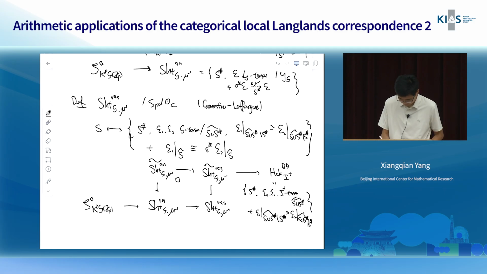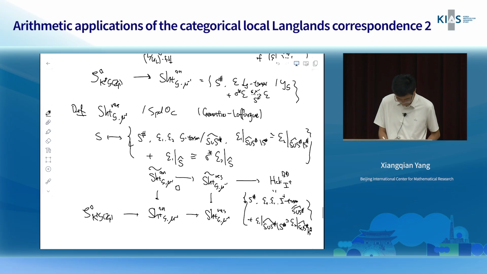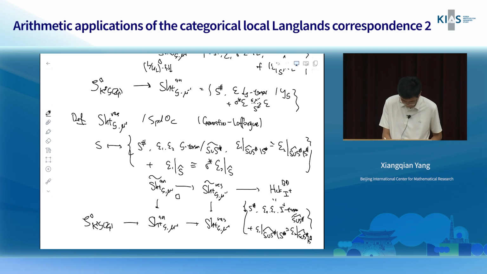So this is the picture, and this map essentially forgets this additional isomorphism between the Frobenius pullback. It forgets this isomorphism over the completion of the p equals 0 part.